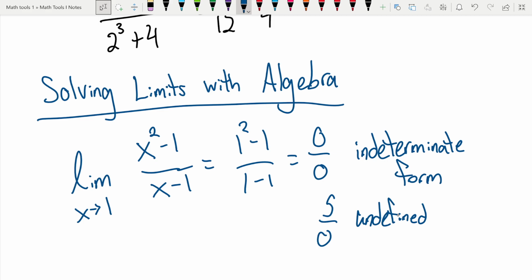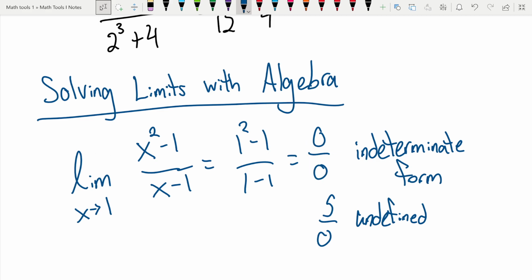Whereas an undefined number is usually a clue that there is a limit at infinity, meaning that the limit as x approaches 1 is infinity or negative infinity. Or maybe from the left side it goes to one of those, and from the right side it goes to the other. Either way, we say the limit doesn't exist. But the indeterminate form is a hint that we could get an answer.